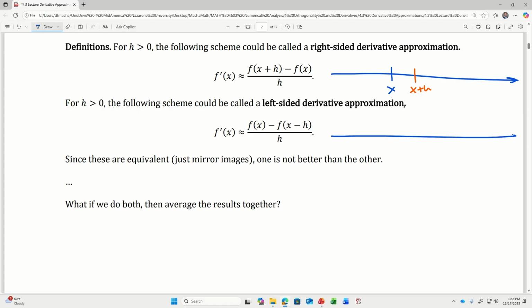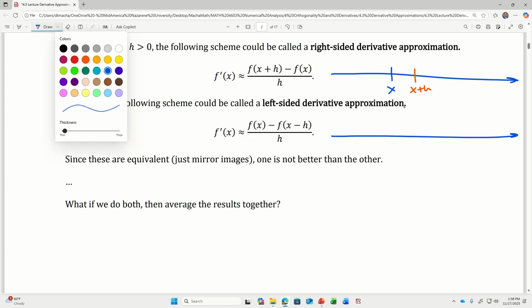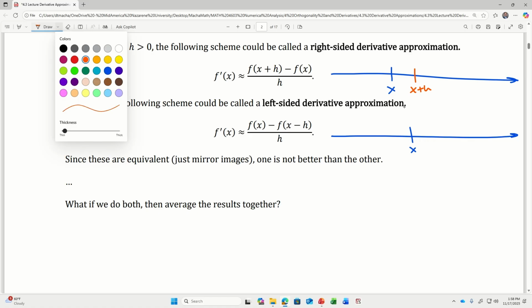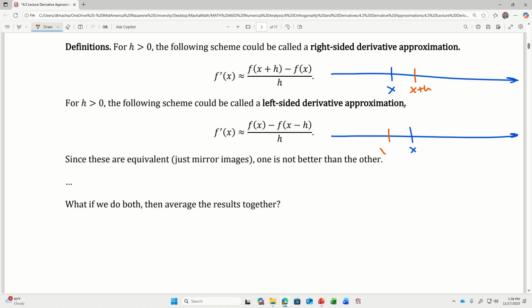Alternatively, if you replace the h with a negative h, then you'd end up with something like this. And this is what I would call a left-sided derivative approximation.